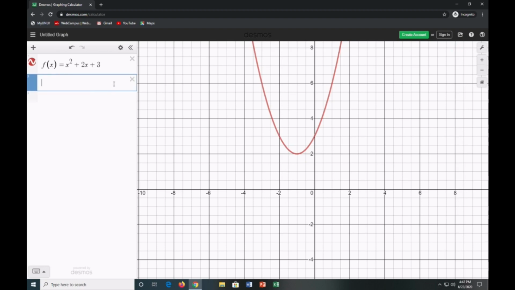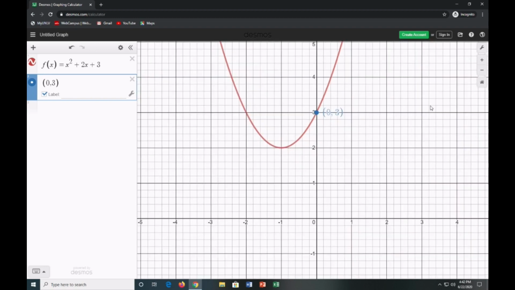Let's snap to the intercepts that we found, to the y-intercept and to the vertex. The intercept was at 0, 3, right? So 0, 3, right there. The blue dot appears there. Let's label it so we can see it there. And let me zoom in a little bit.